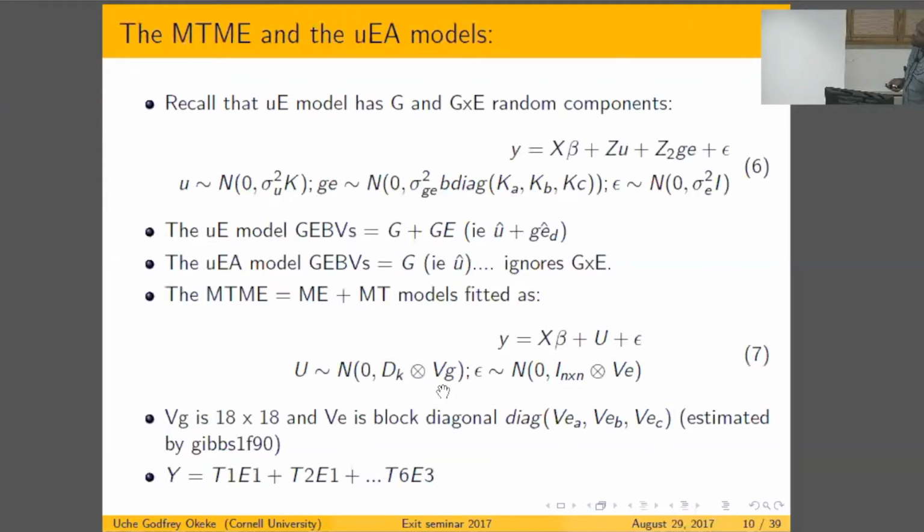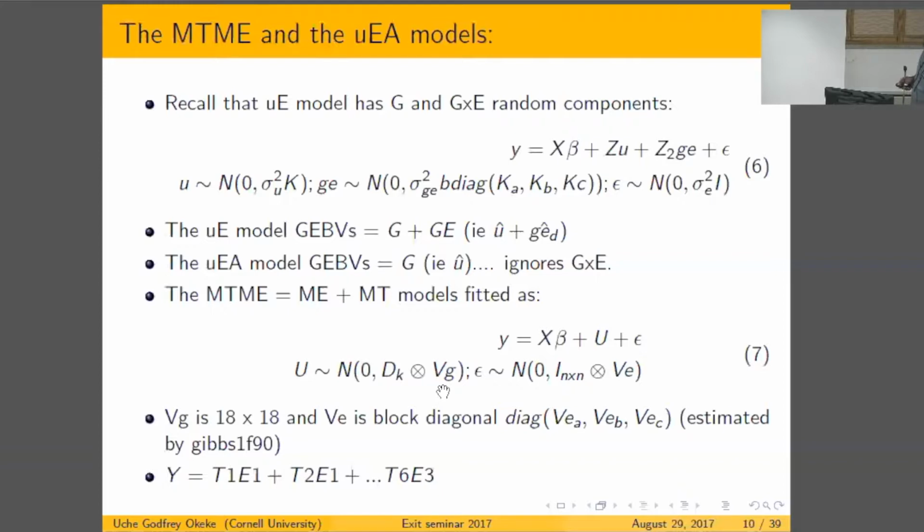The two reviewers pointed out, why don't you do this? It wasn't an easy thing to do. But we fit it, just like the multi-trait model, but in this case we have 18 traits. We organize the traits as trait 1 in environment 1, trait 2 in environment 1, and in that direction. So we had altogether 6 by 3, which is 18.